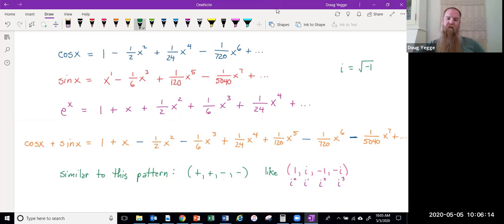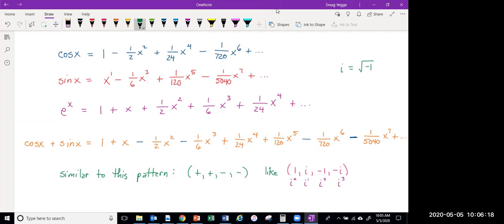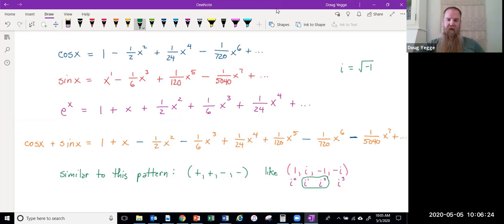Why do you think i cubed is -i? Because it's -1 times i. Yeah, because i squared times i to the first. Yeah, because i to the first times i squared is i cubed, but I know that that's -1 times i, which is just -i. And then when I go to i to the fourth, it is i squared times i squared, which takes me right back to 1 again.